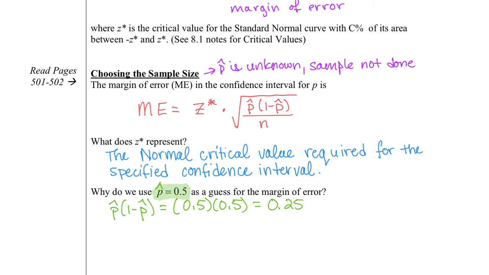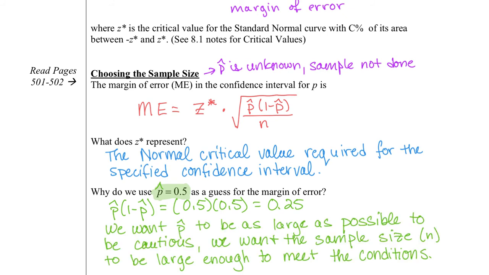And that is the largest product we can get with those two proportions. If I go down to 0.4, then that would be times 0.6, and that would only give me 0.24. So 0.5 times 0.5 is the largest product I can get.